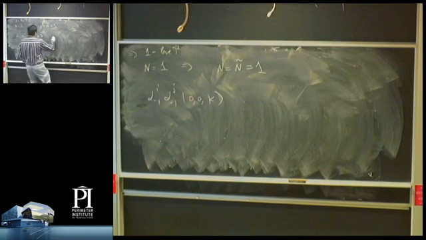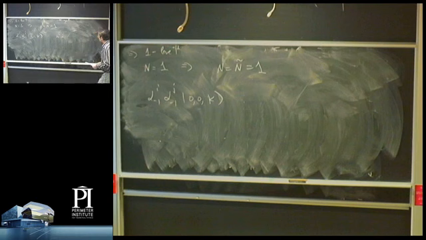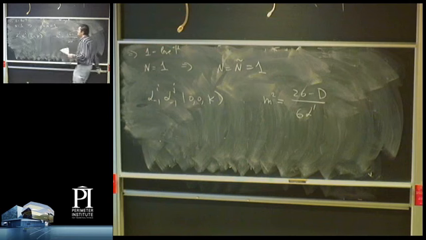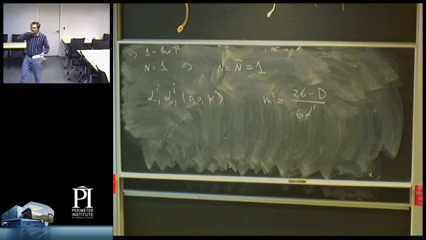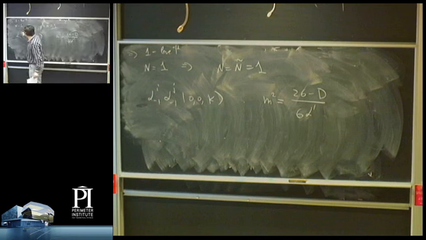These states have mass m squared, and the m squared here is 26 minus d divided by 6 alpha prime. All I have to do is substitute n equals 1 and n tilde equals 1, and you get this formula. Again, the arguments are as before.